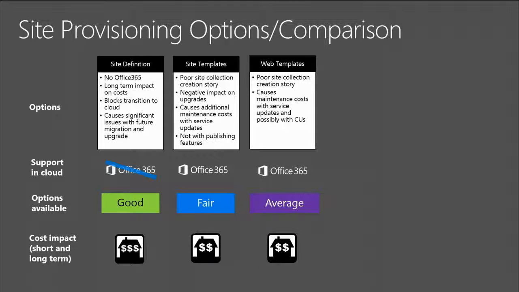Then in 2010, we introduced web template, which is essentially an adaptation of the site template. What it means is that you're building your own web template, site template, manually in Visual Studio. You can actually do a lot of stuff. You're able to do really complex stuff. You're able to do publishing sites, and whatever is needed within the site level. The challenge is that you still have a feature framework dependency.